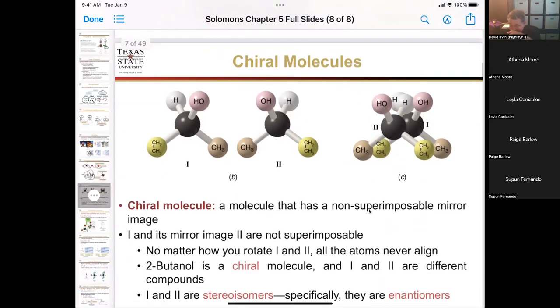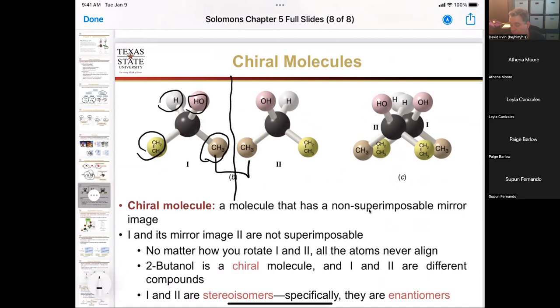All right, so let's look at these two molecules here. We have a CH3 here, an OH here, an H here, and a CH2CH3. So that's an ethyl group, right? Now, if we were to think about trying to draw a mirror image, the first thing we would do is draw a mirror plane, and we'd say, okay, CH3 is going to be here, OH is going to be here. Notice that OH here is kind of pointing out at us in this perspective, so we want to keep it pointing out at us.